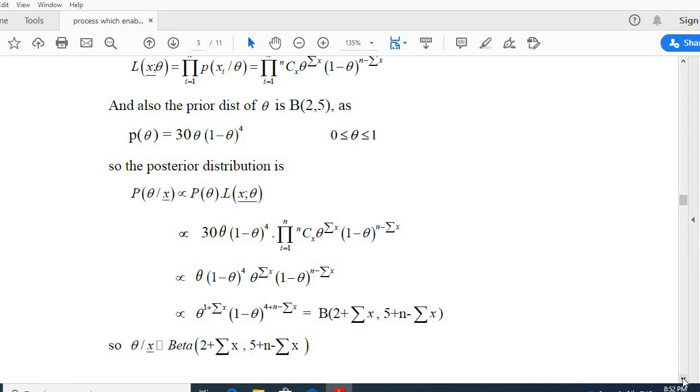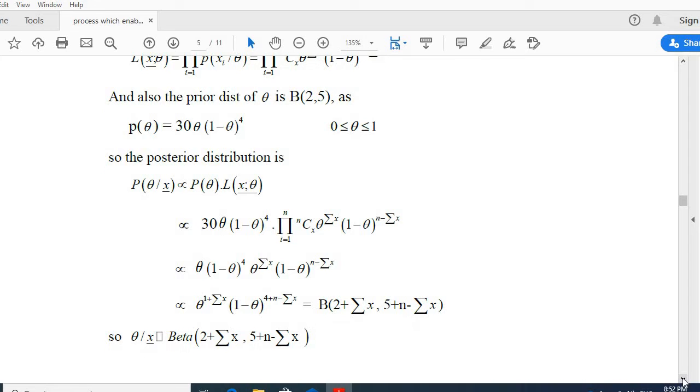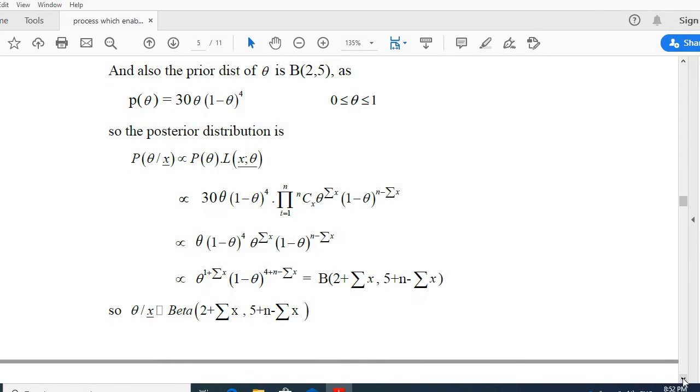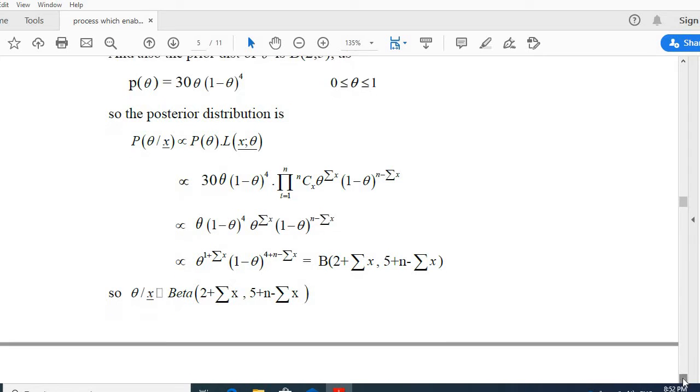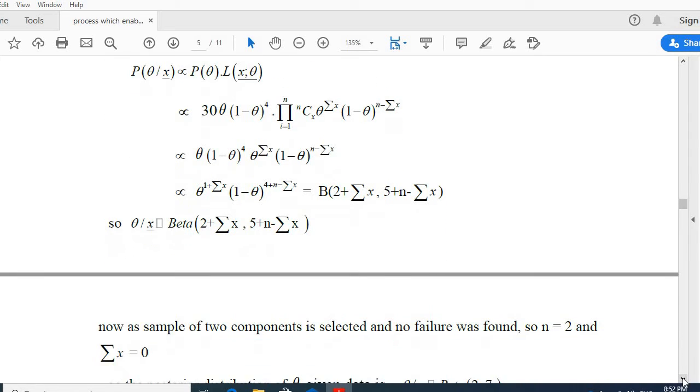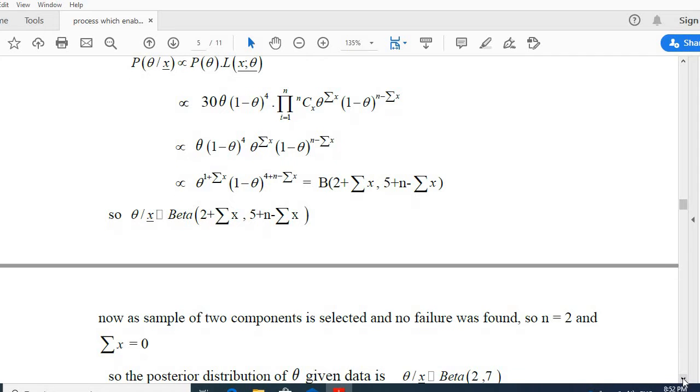After making some simplifications, we obtain theta given x is distributed as beta with parameters 2 plus sum of x and 5 plus n minus sum of x. Now, as two components were selected and no failure was found, n is equal to 2 and sum of x is equal to 0.